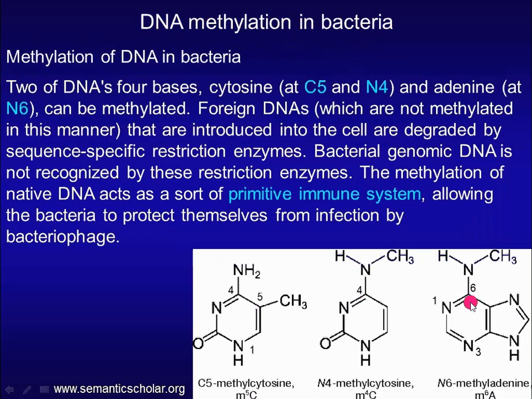Adenine can be methylated at N6 position. Foreign DNAs which are not methylated are degraded by sequence-specific restriction enzymes. Bacterial DNA is protected by methylation. The methylation of native DNA acts as a primitive immune system.